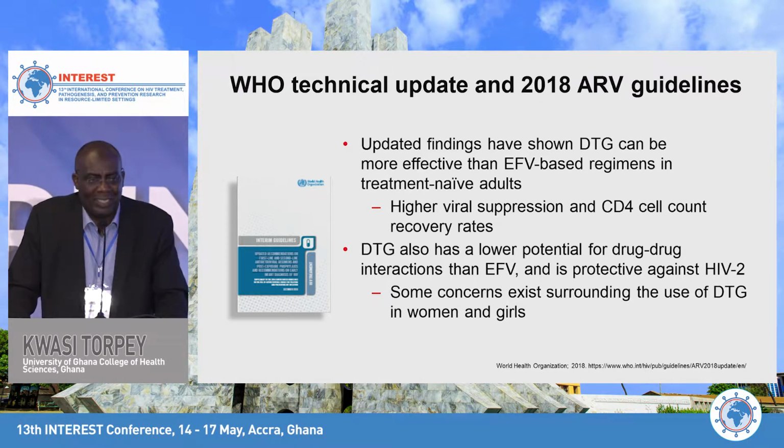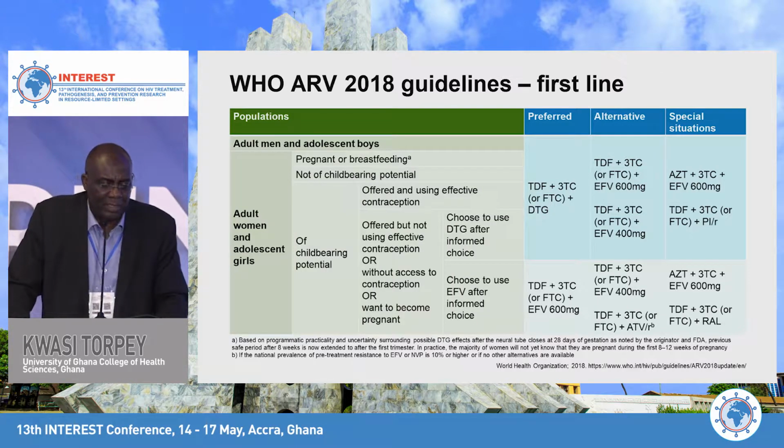But the big concern, and I think all of you are grappling with that in your programs, had to do with women in the reproductive age group. So this basically summarizes the preferred first-line regimen. If the woman is in the reproductive age group, you would have to look at the issues of contraception. The client has to be adequately informed and then make a choice. And where dolutegravir cannot be given, the efavirenz-based regimen can be offered.